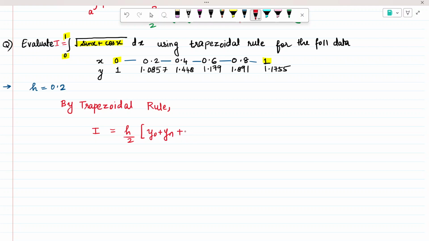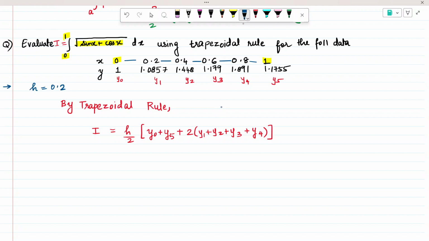Plus 2 times the remaining terms. How many remaining terms are there here? If this is y0, then y1, y2, y3, y4, and this is y5. So here I will have y0 plus y5 plus 2 times y1, y2, y3 and y4. Any doubts?